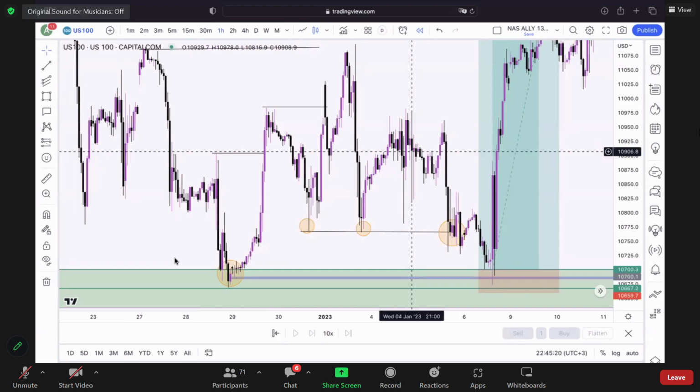So essentially, if the market has given me an order block on a daily, I don't like to go lower than an hour for my order block, because if you go lower than an hour, you might over refine and then you end up missing the trade. So you don't want to miss the trade, right? It depends on what time frame you find it.